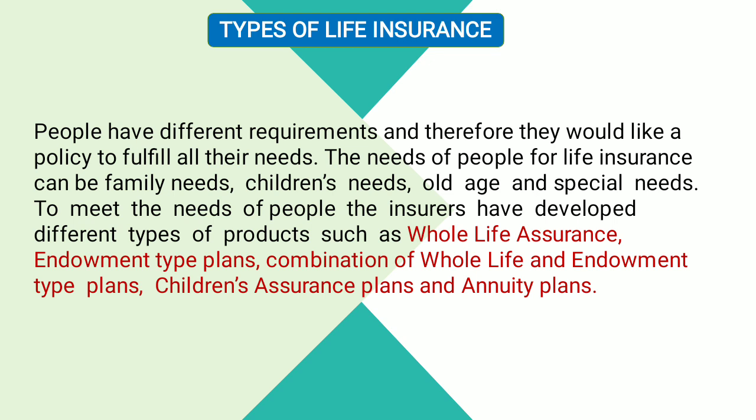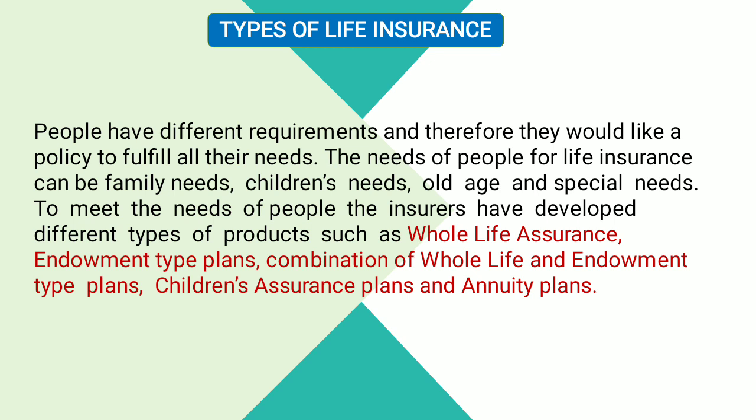Here we have different needs like family needs, children's needs, old age, and special needs. We take insurance to protect our family from financial crisis. For family needs, after the death of the earning member, how will the family survive? For that we can take insurance policies.